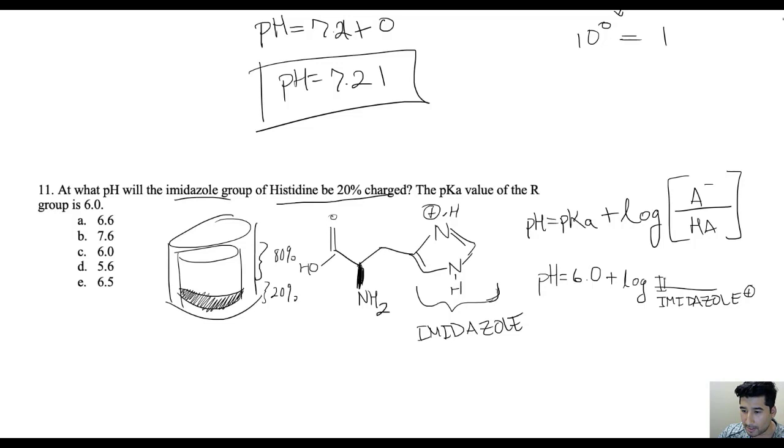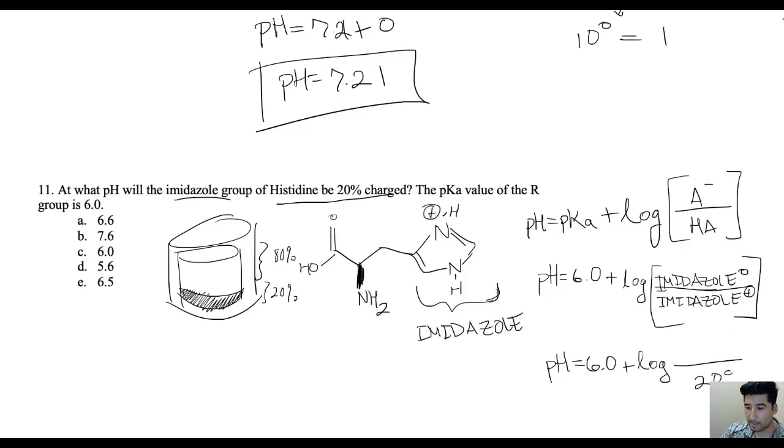And on the conjugate base, we'll have imidazole not, which represents a neutral state. So we want to know the pH at which 20% of it will be charged. So pH is equal to 6.0 plus log of 20% on the bottom. And if 20% of it is charged, then 80% of it is uncharged.